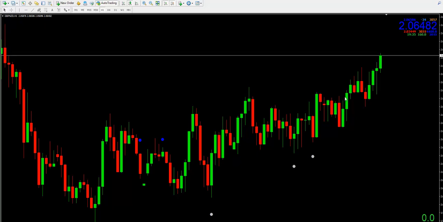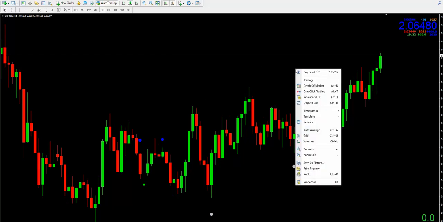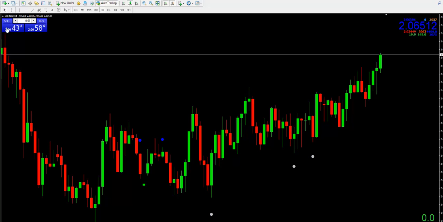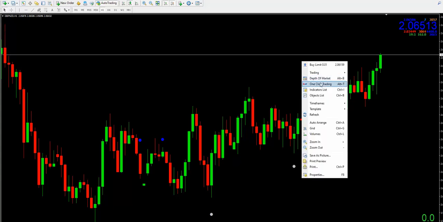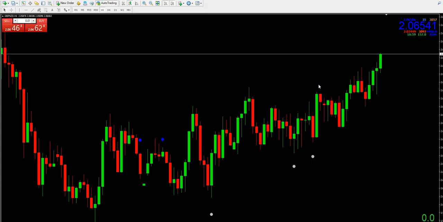Another way of bringing that up is to right-click anywhere on the chart here. If you right-click here like so, you can then look for the one-click button, and you see on the top left-hand corner, it will come up. There we go. So you can see it has brought that button up, and if you wanted to take it off, you can basically click on it again and it goes off. But let's bring it back on for the purpose of this teaching.